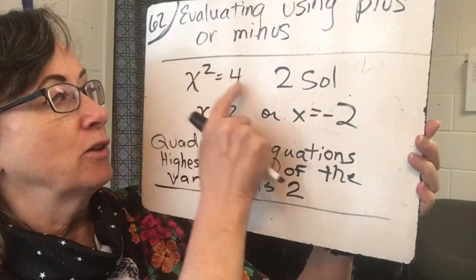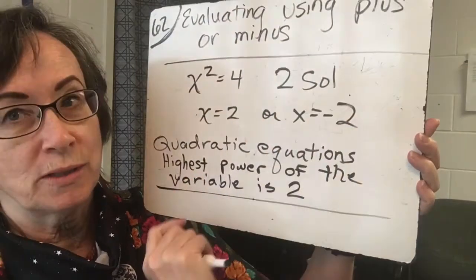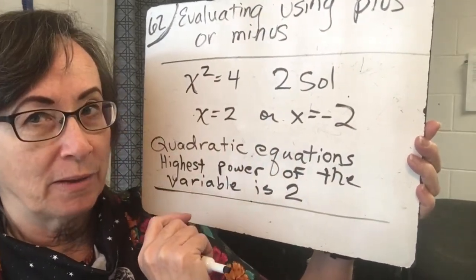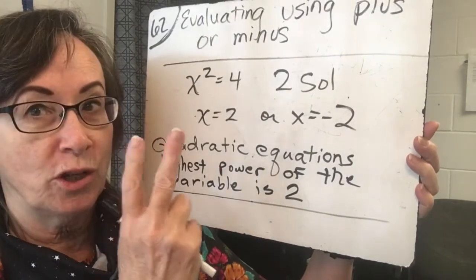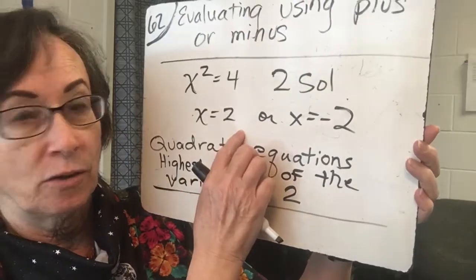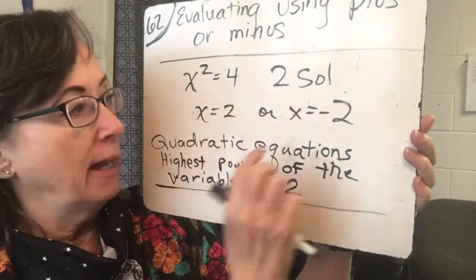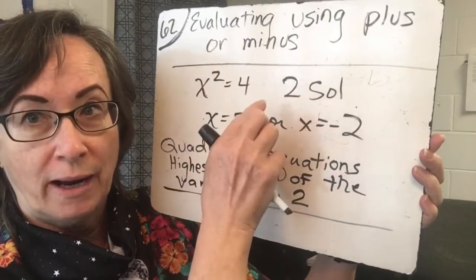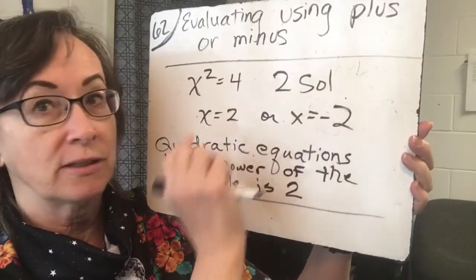So x squared is 4 has 2 solutions because there's a 2 on the variable. An exponent 2 means there's 2 solutions. So these 2 solutions would be x is 2 because 2 squared is 4, and x is negative 2 because negative 2 squared, or negative 2 times negative 2, is 4.